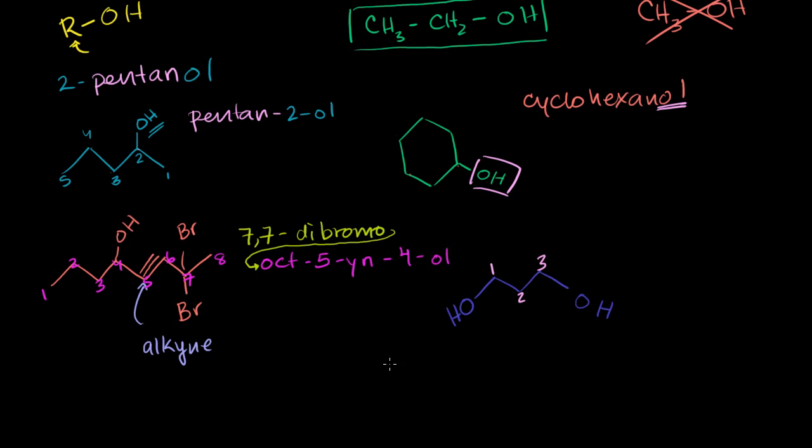We could call this 1,3-propanediol. Actually, I don't have to put a dash there. Propanediol. We have the E because we have the D right there. If it wasn't diol, it would be propanol. You wouldn't have the E, D, and the I there. So this would specify that at the 1 and the 3 carbons we have the hydroxy group.